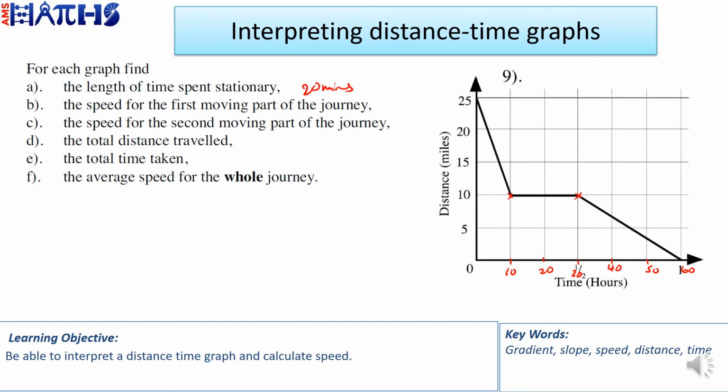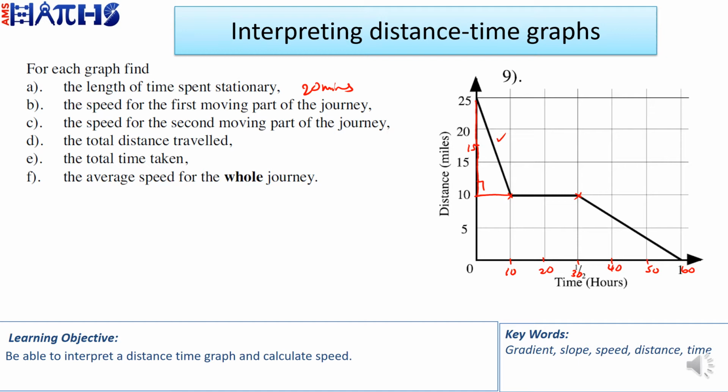It says work out the speed for the first moving part. Here's our first moving part. So we need the entire right angle triangle here to calculate the speed. The height is 15 miles for that right angle triangle, and the base of the right angle triangle is 10 minutes.